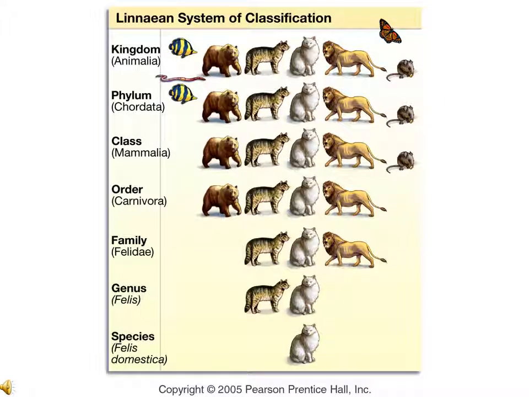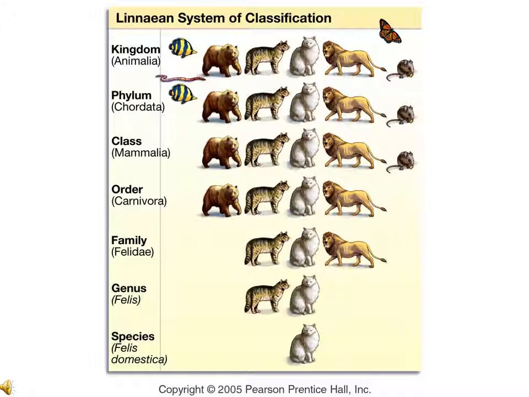Looking at the Linnaean system of classification, we can see from this example the animal kingdom broken down into phyla, the chordata being one phylum. The chordates can be broken down into a number of classes. One of the classes would be Mammalia. If we break down the Mammalia into orders, we see the carnivores.